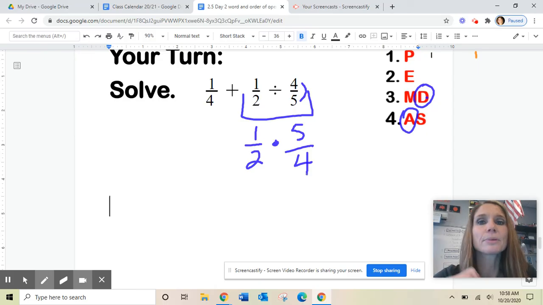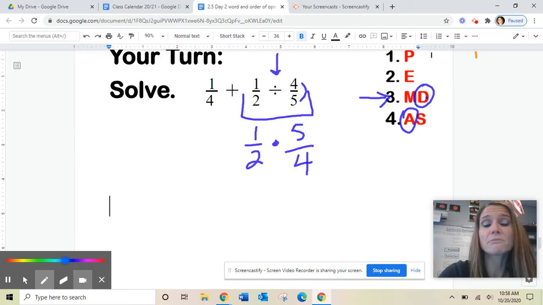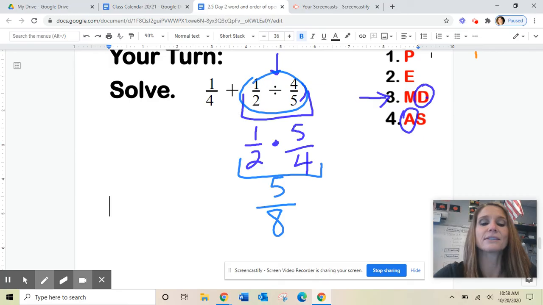Look to see if you remembered to flip that fraction over. And look to see if you solved the division question first, because order of operations tells you to. Then, now that we're prepared, we're ready to multiply. So 1 times 5 is 5, and 2 times 4 is 8. So for this fractional problem, I'm going to use a 5/8.